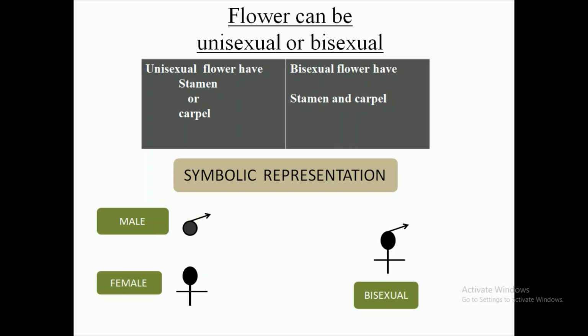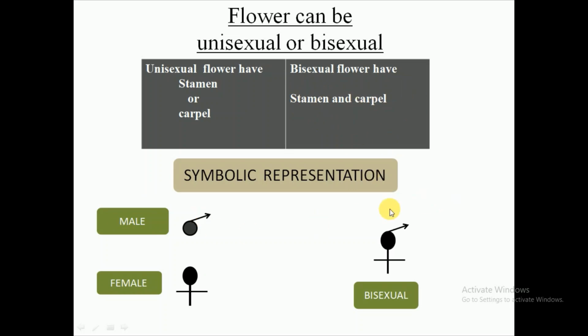Here you have to focus on the terms I am saying: when I say unisexual flower, I am using the terms stamen or carpel, and when I say bisexual flower, I say stamen and carpel. So unisexual means it has either stamen, the male part, or carpel, the female reproductive part. And bisexual includes both stamen and carpel in the same flower unit.